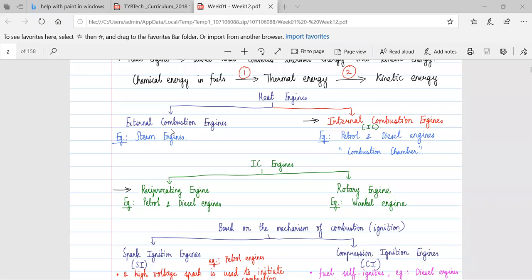The best example of this is steam engines, which are used in railways. Nowadays these are obsolete. Only these types of engines are used in various vehicles.